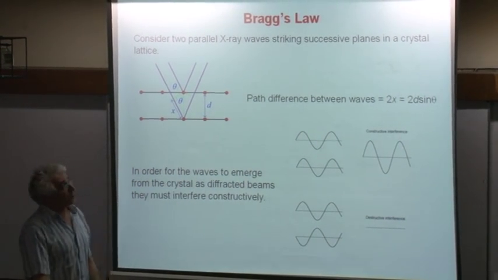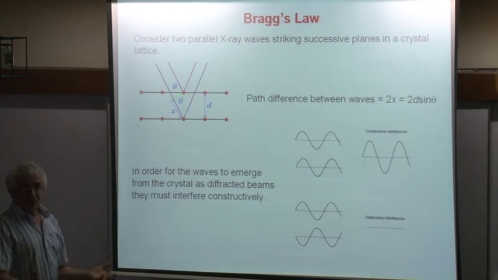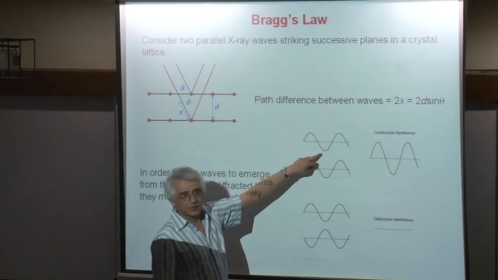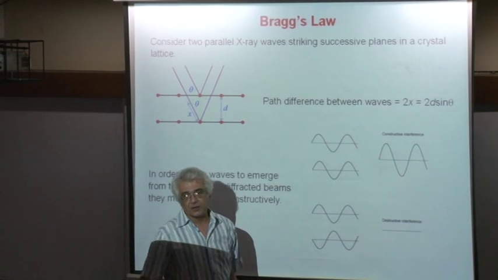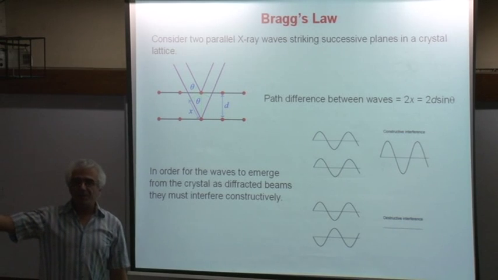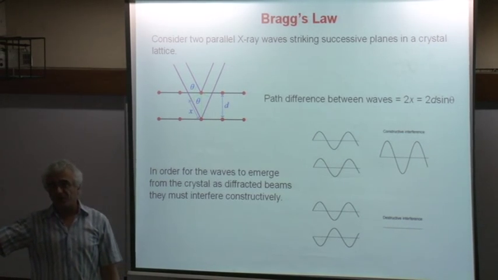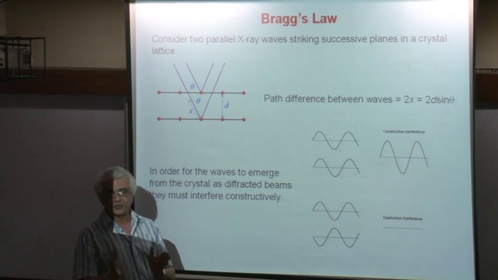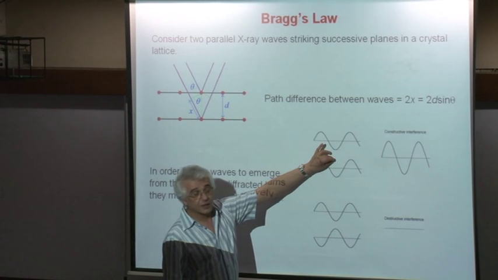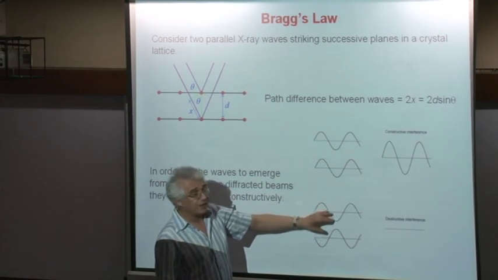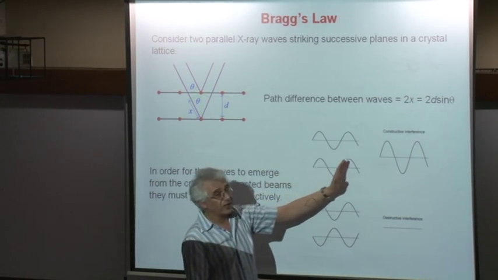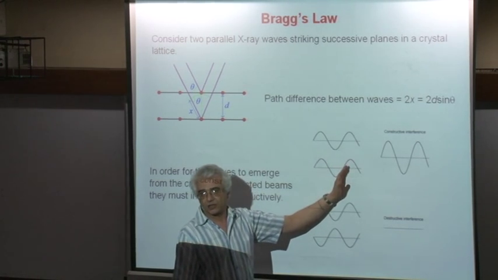So that's basic trigonometry. Now, because the X-rays are waves, they can do things like interfere with each other. So in order for us to see the emerging X-ray coming out of the crystal and appear as a spot on our diffraction photograph, they have to interfere constructively. That means they have to reinforce one another, as opposed to interfere destructively, where they cancel each other out. So all that means is that these waves must be in phase with each other.